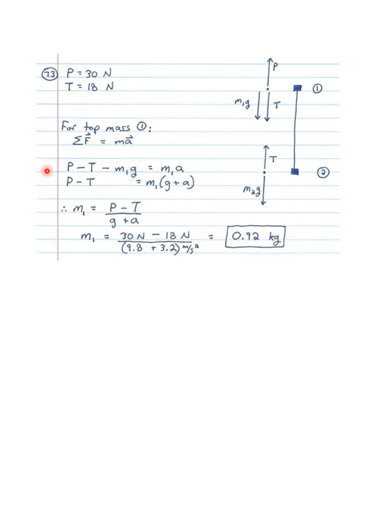We want to get m1 by itself, so let's get all the m1 terms to the right. So P minus T equals m1 times (g plus a). Solving for m1, we get (P minus T) over (g plus a). We can plug in all those values: 30 newton pull minus 18 newton tension divided by g, which is 9.8, plus the acceleration upward 3.2, and we get a mass of 0.92 kilograms.